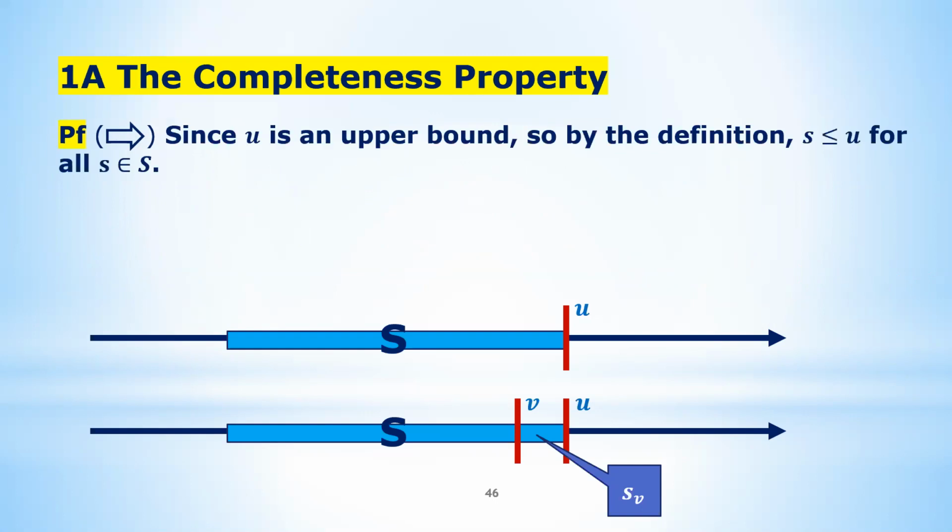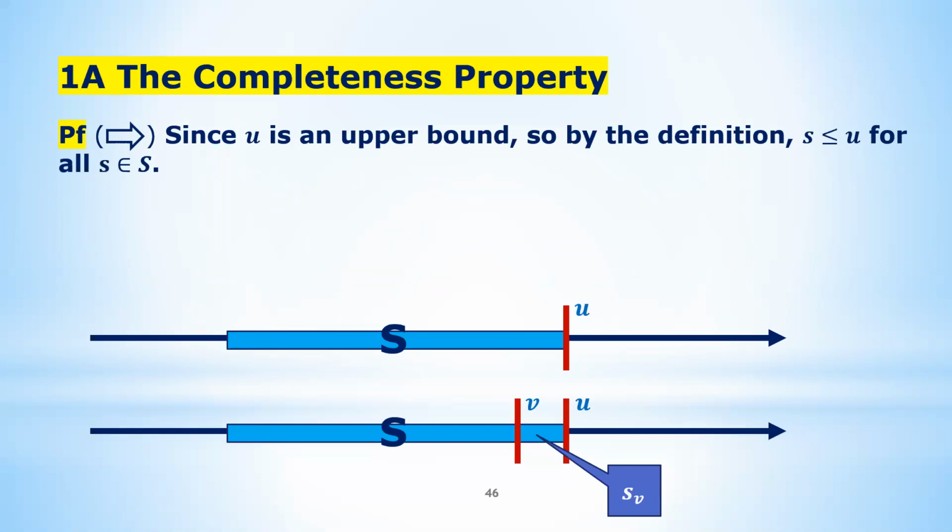Let's begin the proof. Since U is an upper bound, from our assumption, by the definition of upper bound. When we say that, we are not using the fact that U is the least upper bound. Just assume that U is an upper bound.